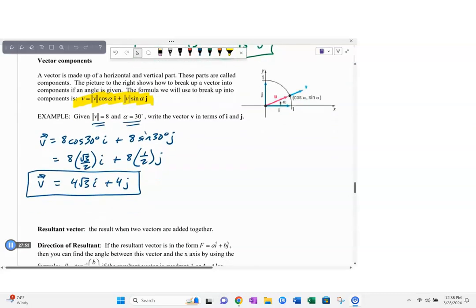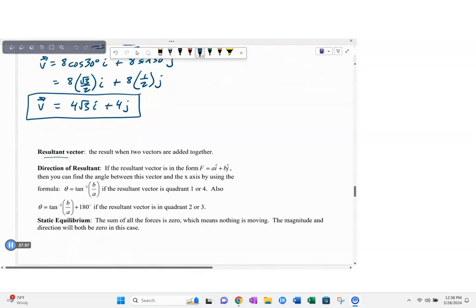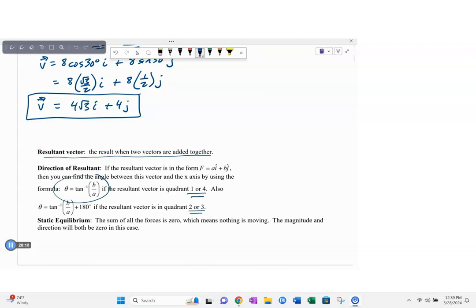Now the resultant vector is just the result when you add the two vectors together. The direction of the resultant vector can be found. You can find theta by taking the arctangent of b over a. We'll talk about this. If it's in quadrant 1 or 4, you can leave it alone. If it's in quadrant 2 or 3, because of the arctangent restrictions, you have to add 180 degrees.